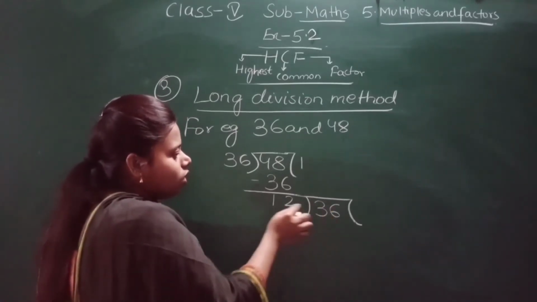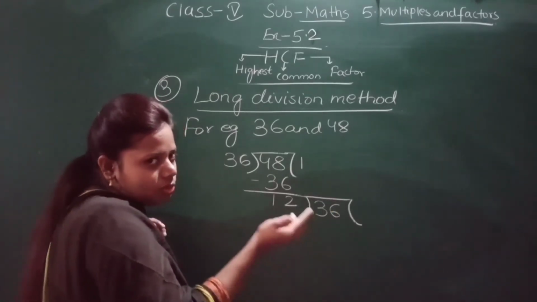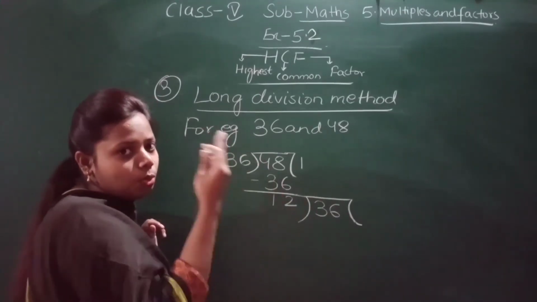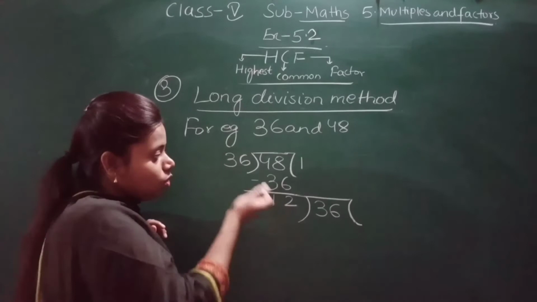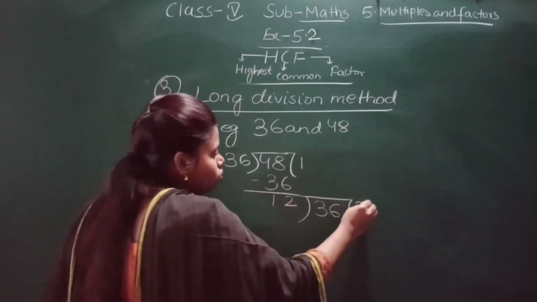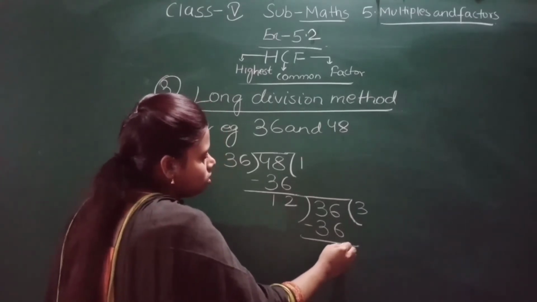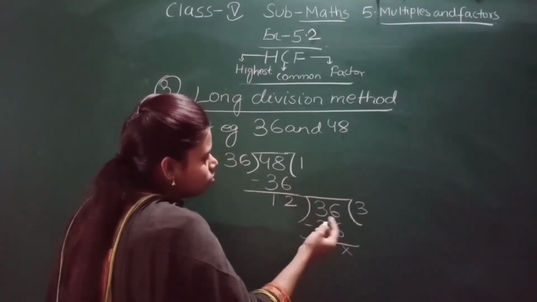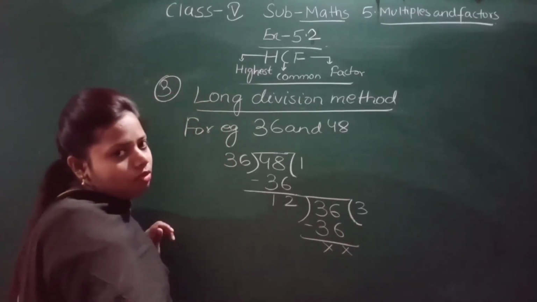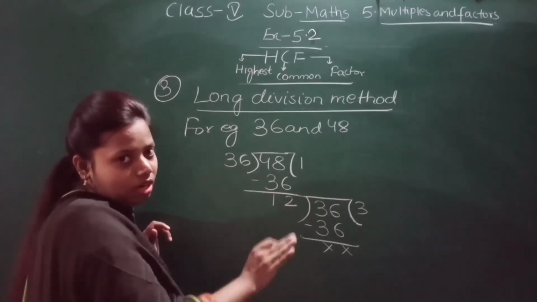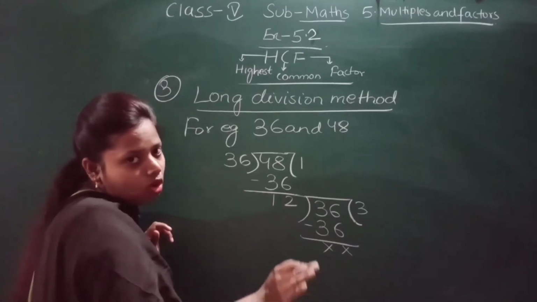Now we will divide 36 by 12. In the 12 table, 12 1s are 12, 12 2s are 24, 12 3s are 36. So in the 12 table 36 comes, that means 12 3s are 36. Now let us subtract. 6 minus 6 is 0, put a cross. 3 minus 3 is 0, put a cross. That means we have got remainder 0, and that means we have solved this question. When we get remainder 0, we have solved it.